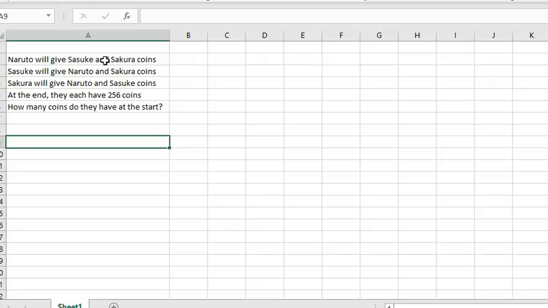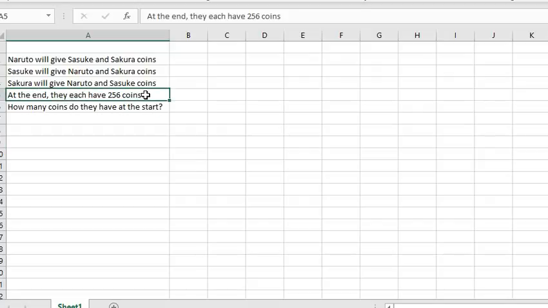Now that we understood the problem, we can devise a strategy. Our strategy is to work backwards, meaning we will start here at the end, in which they have 256 coins, and then follow these procedures until we figure out their original number of coins.